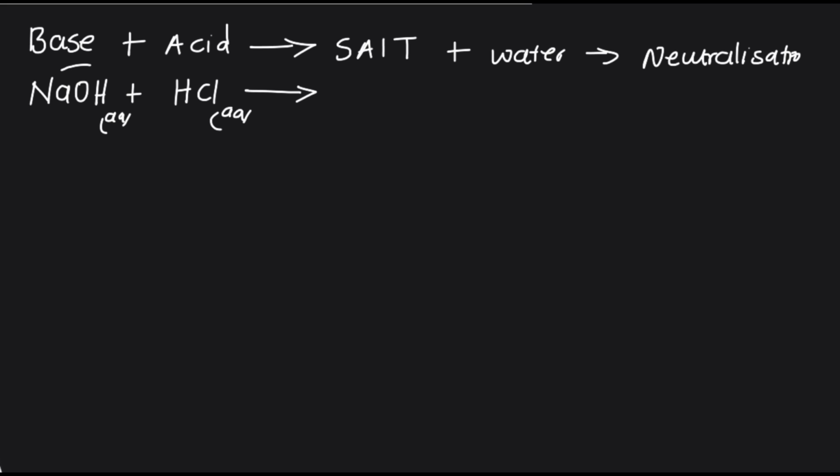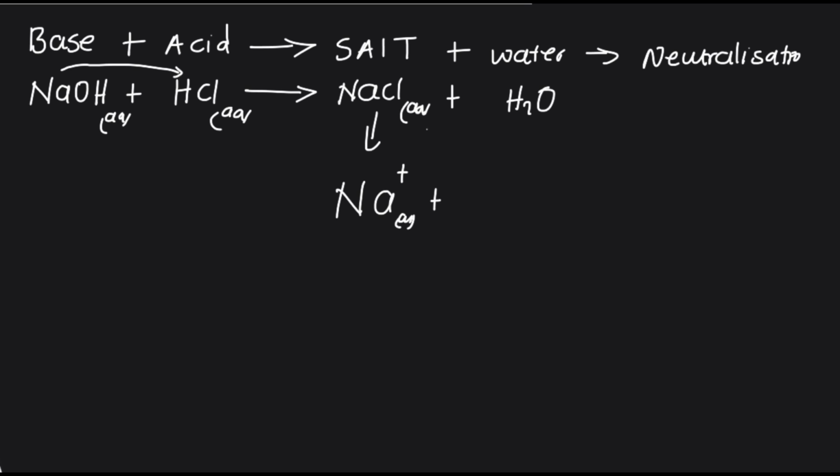The sodium will displace the hydrogen, giving us sodium chloride, plus the hydroxide will react with hydrogen, giving us water. Now if we are to break our sodium chloride into its ions, this will give us sodium plus in aqueous, then chloride minus also in aqueous.